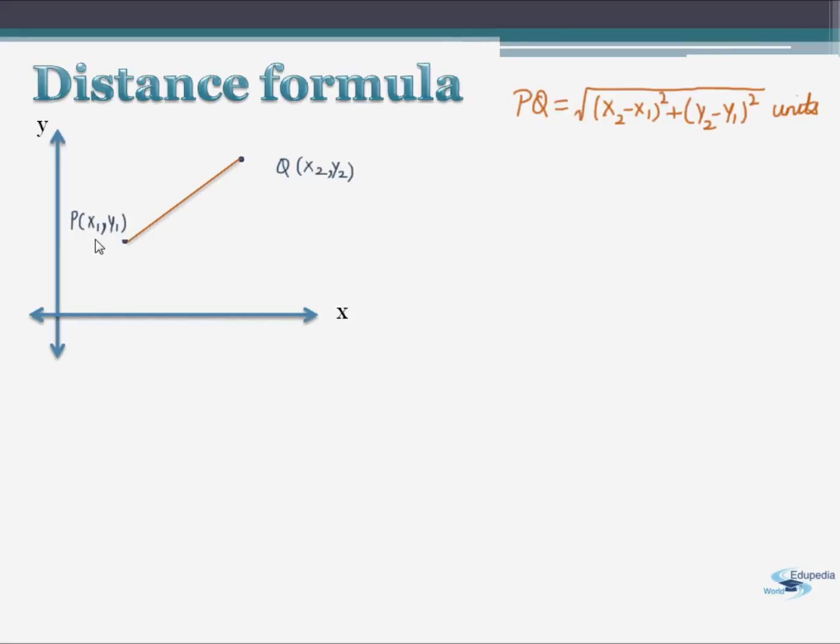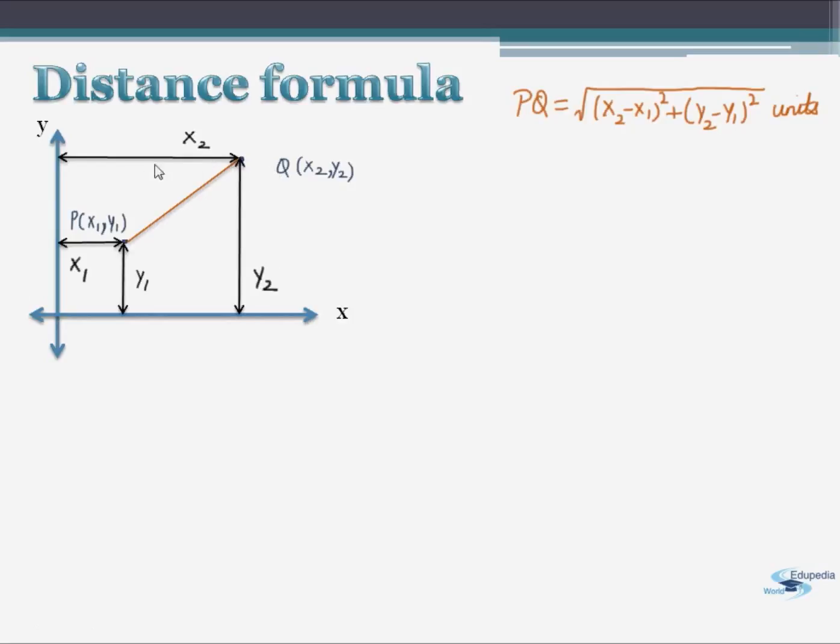For P, x1 means that this point is at a distance of x1 units from the y-axis and a perpendicular distance of y1 units from the x-axis, and similar is the case with Q.